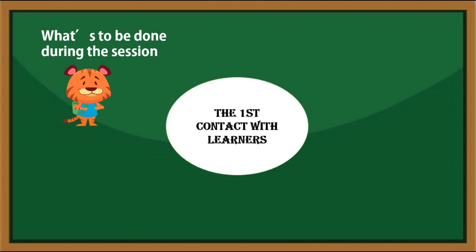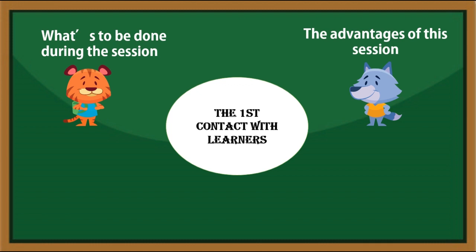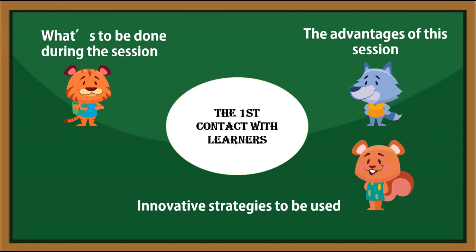There are several things we're going to talk about in the coming minutes. The second one is what are the advantages of this session? Are there advantages? What could the teacher gain from this session? Third, I'm going to show you some innovative strategies to be used during this first meeting. So if you're interested to know about all these, stick around.